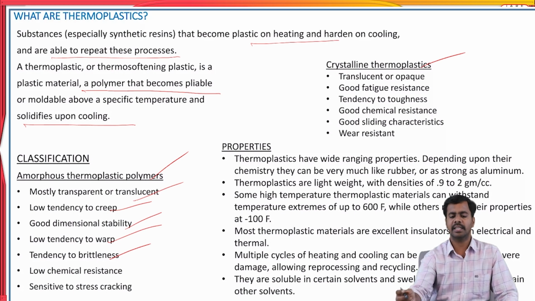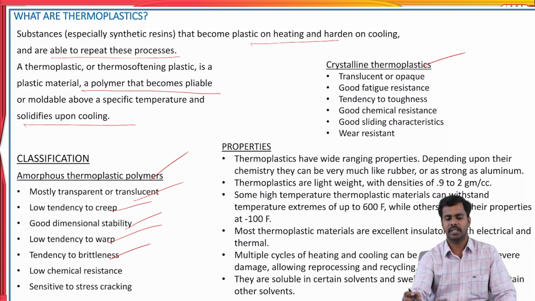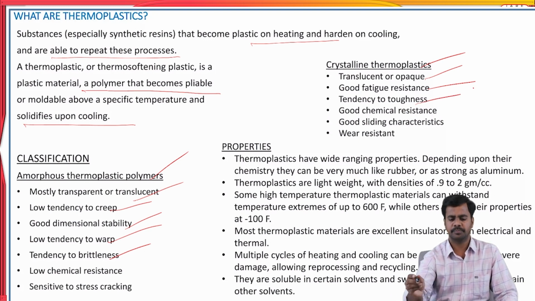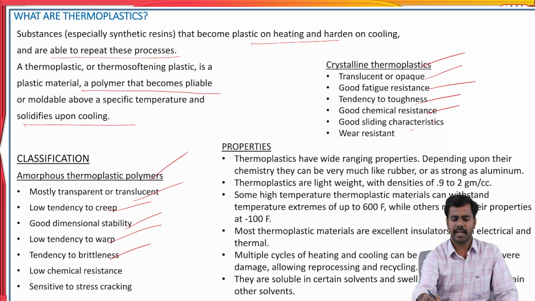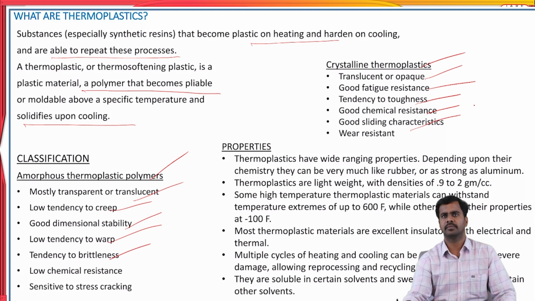And the second one is crystalline thermoplastics. These are translucent, with good fatigue resistance, tendency to toughness, good chemical resistance, good sliding characteristics, and wear resistance. So these are the types of thermoplastics.